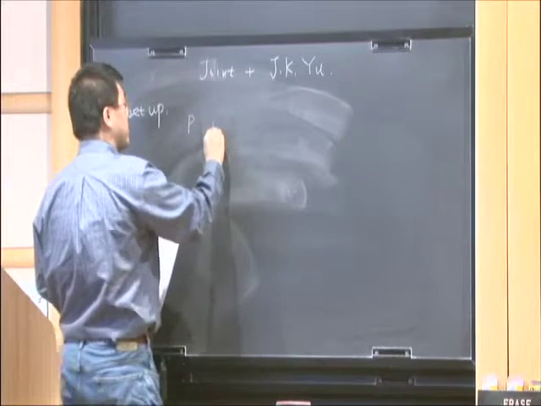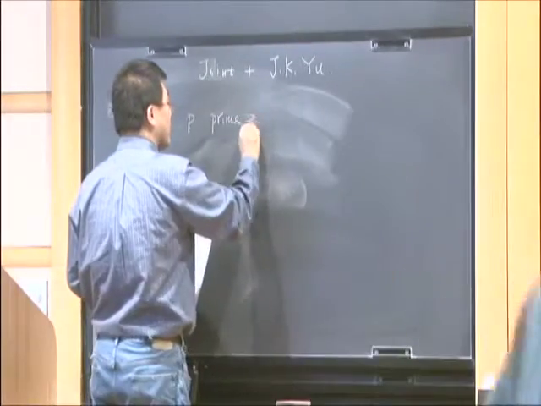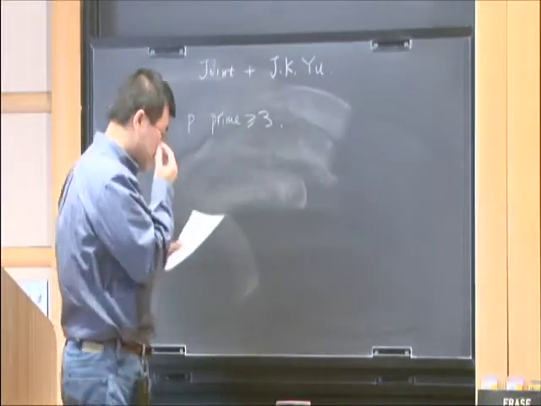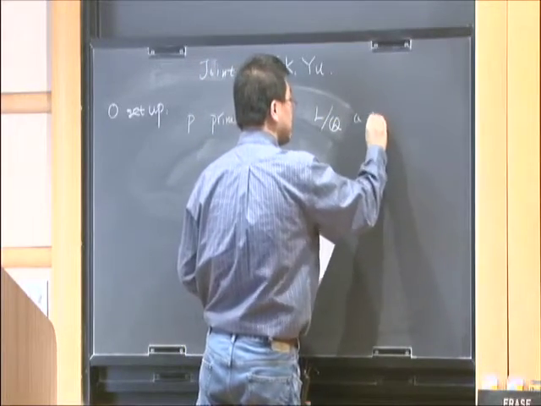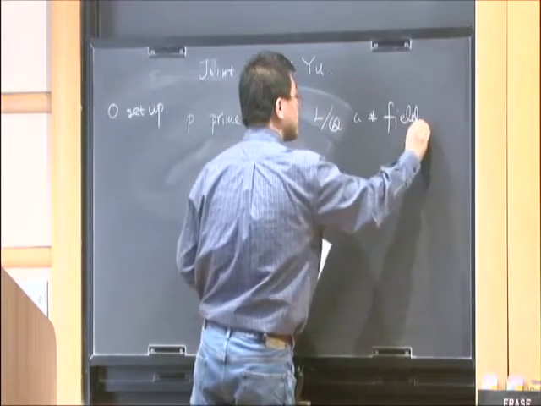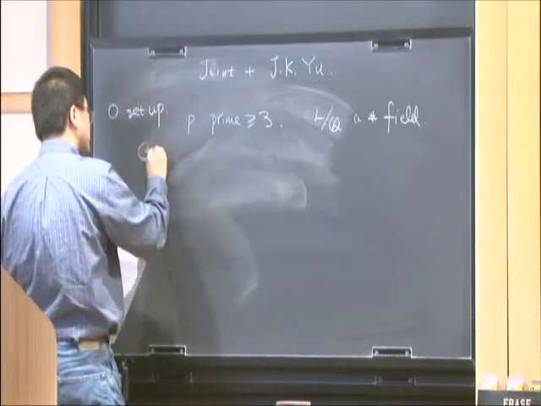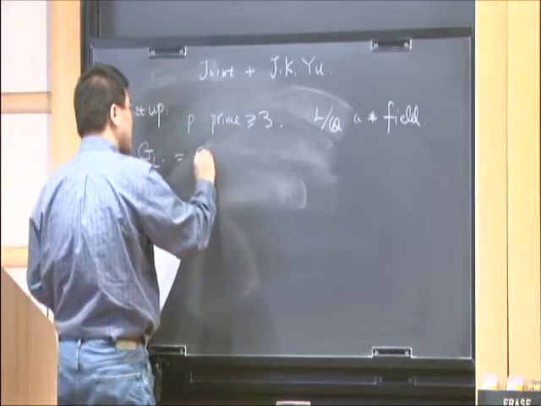Thus p will always be an odd prime here. So if L over Q is a number field, I just set up some notation: G_L is the Galois group.